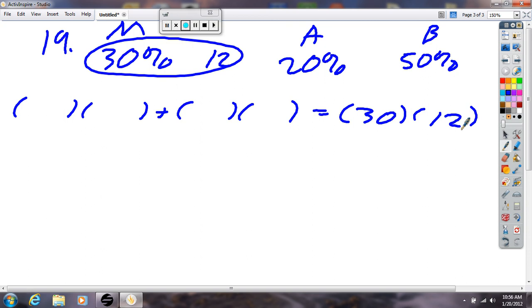Now it's gone. What goes over on this side? 20% and 50%. But I don't have either one of these, right? Therefore, I do have the total, right? What goes here? And what goes here? The 12 minus the x. And there's my problem. All set up to go.